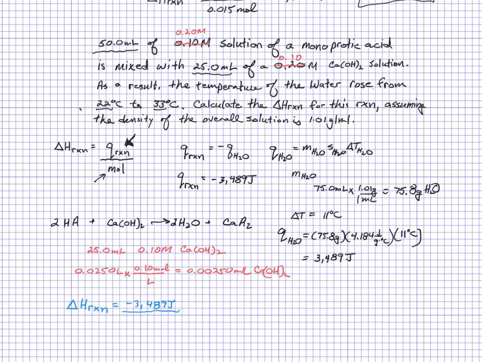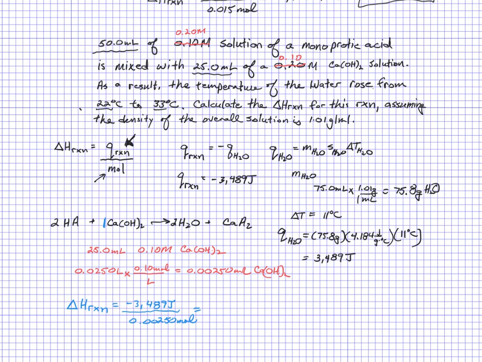Keep in mind, because there's a 1 right here in front of the calcium hydroxide, that means for every 1 mole of reaction, 1 mole of calcium hydroxide is going to be reacted. So we divide that by the number of moles of the calcium hydroxide, and again we plug this into our calculator.